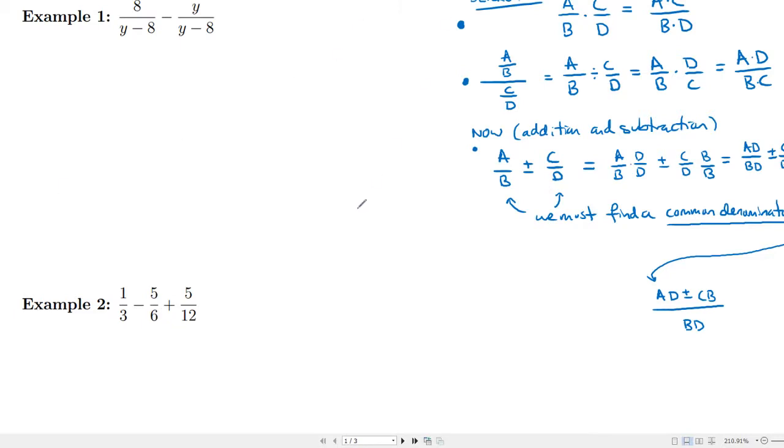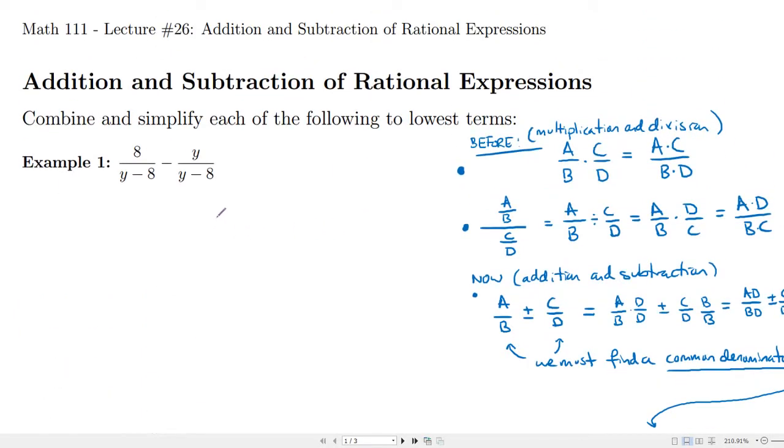If we look at our first example here, we want to add these two rational expressions together, and if you look at them, they already have a common denominator. They already have this y minus 8.